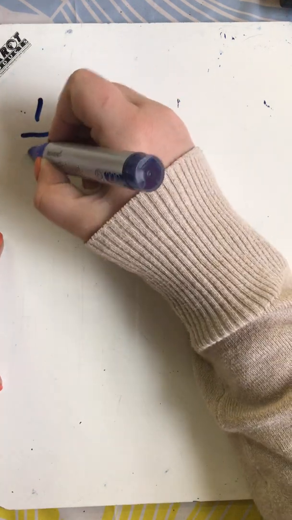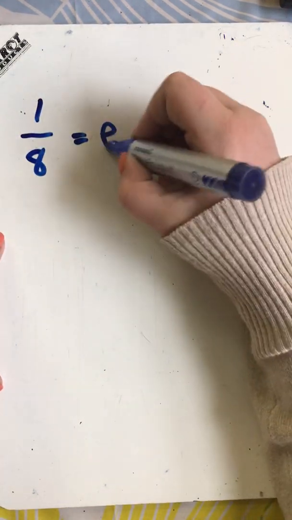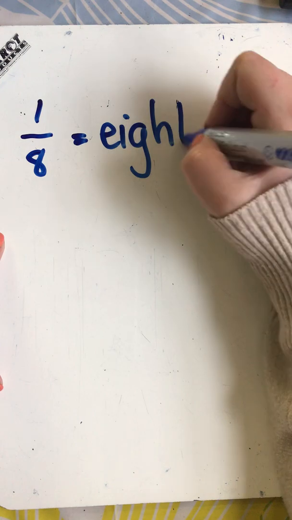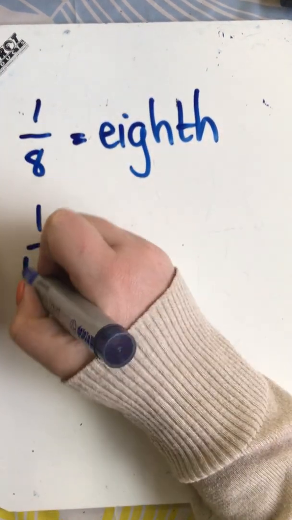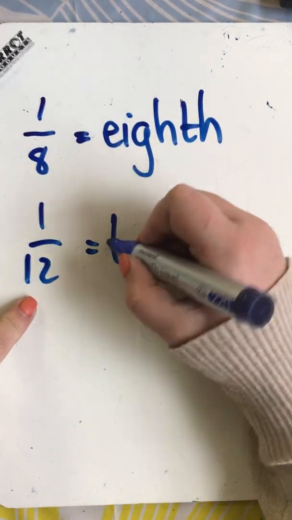I want us to be able to know how to read an eighth. It is an eighth. This number is 12.